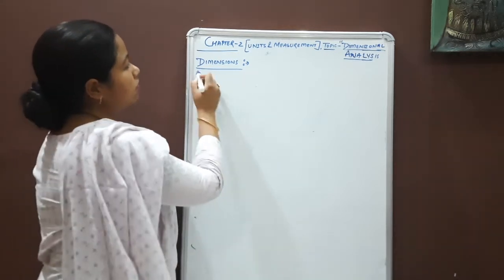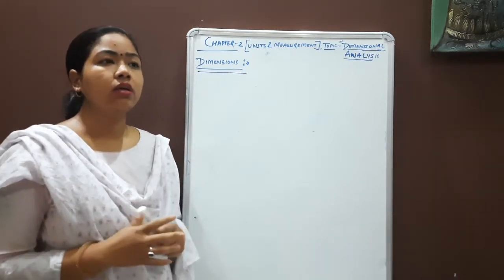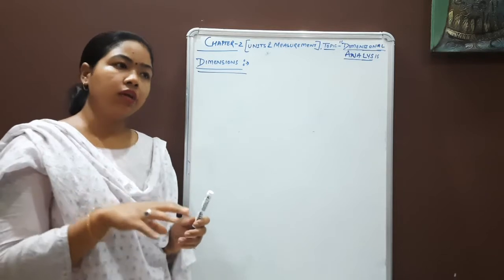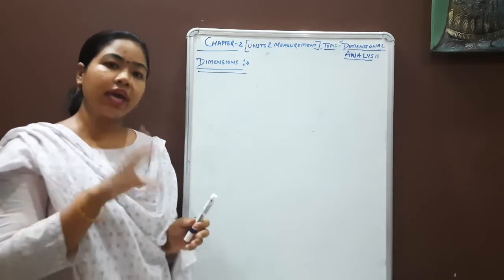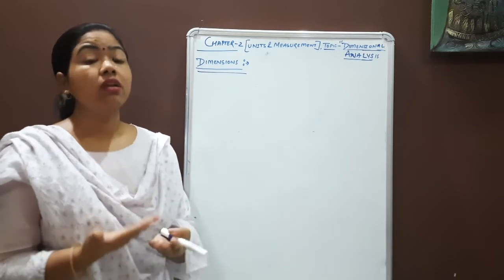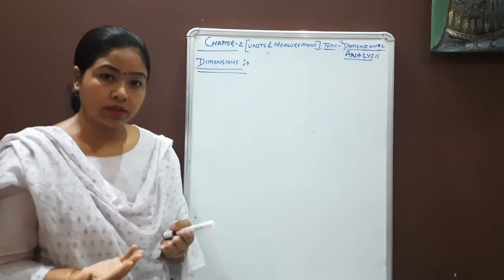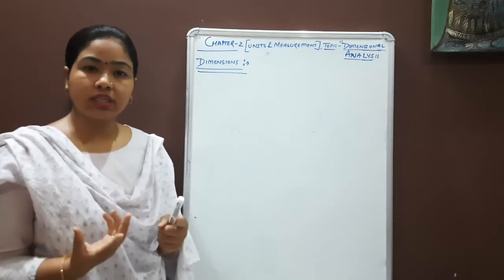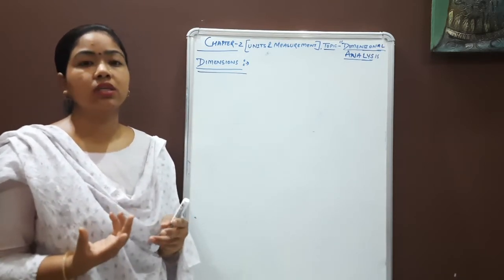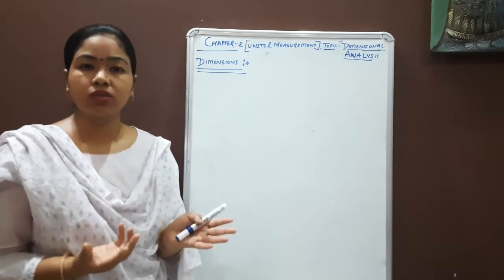So children, dimension is defined as how any physical quantity is related to the 7 fundamental or basic units. We studied the 7 fundamental basic units in the previous lecture.